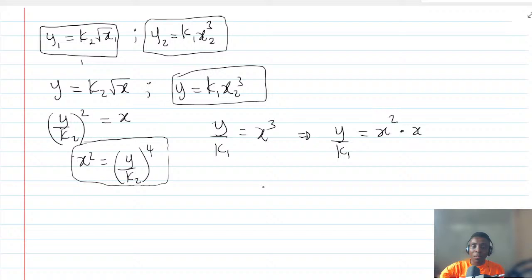Meaning that y divided by k1 multiplied by x will give us x squared.